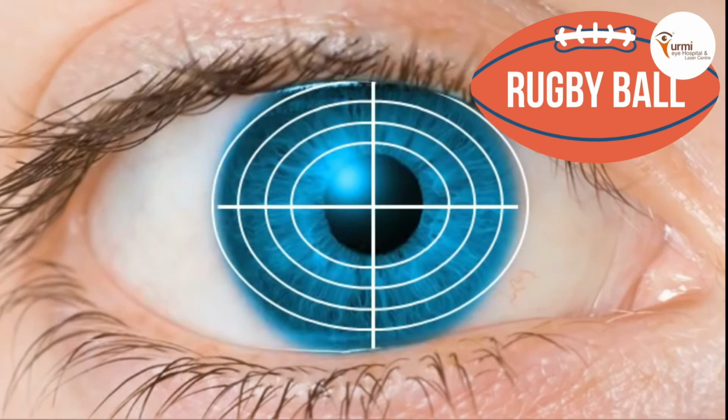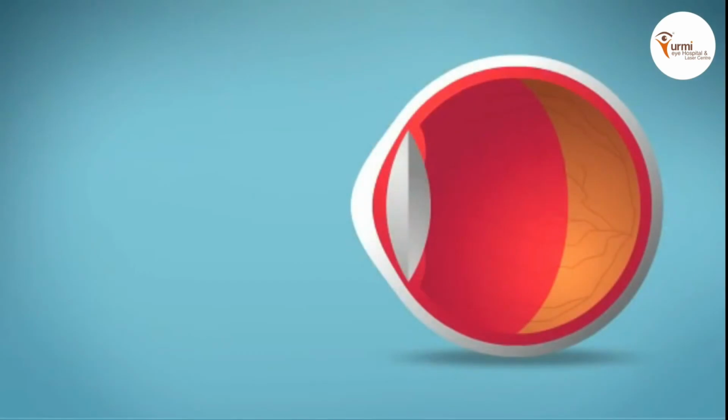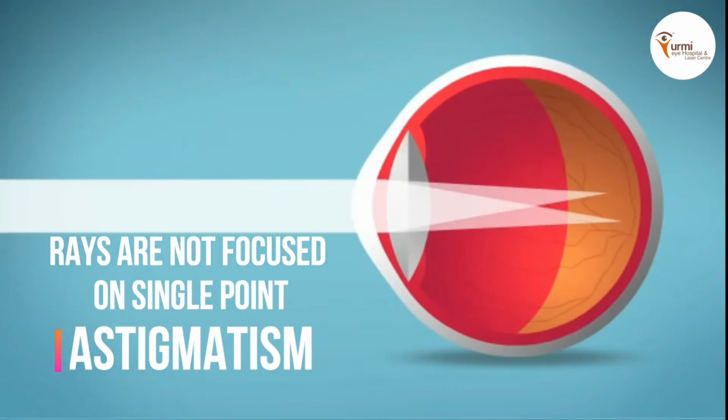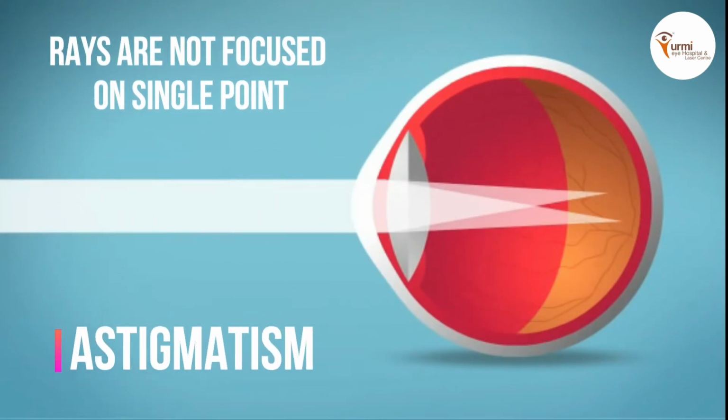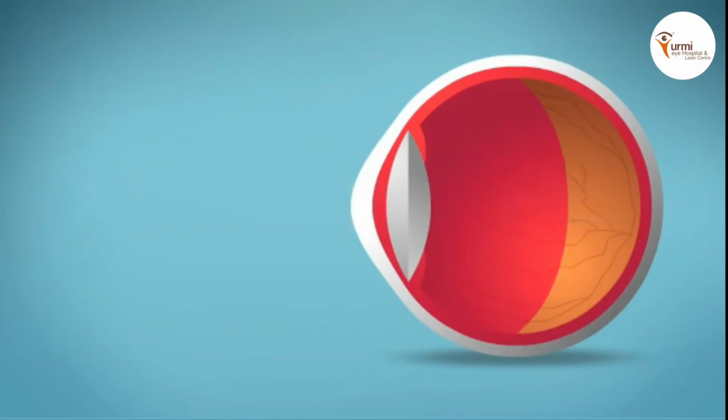So the parallel rays of light are not focused onto a single focal point, but form two or three focal points. This is known as astigmatism, or cross number. The cornea is the transparent layer which plays a very important role in astigmatism.